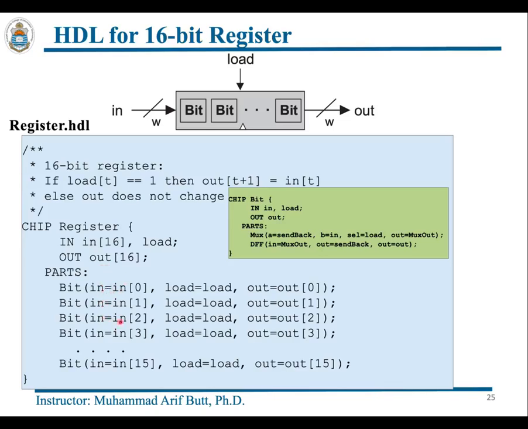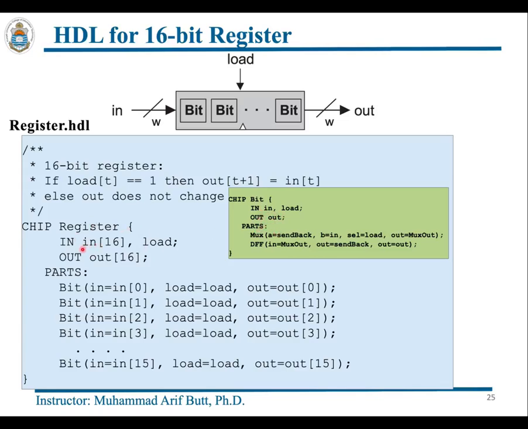And over here in the implementation part, you can observe that we have used 16 single-bit registers. For the first bit register, the input is the least significant bit of this 16-bit input, and if the load is 1, the output, that is the state of this bit, will be changed to whatever is there on the least significant bit of this input. So we have 16 single-bit chips over here.